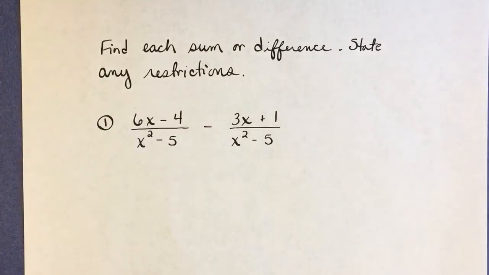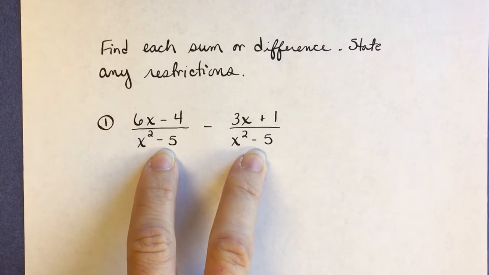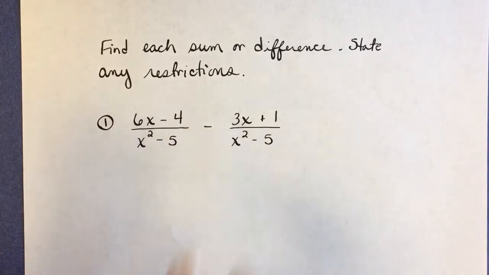All right, so find each sum or difference and then state restrictions. Now, we talked about restrictions with the last section, so that's still going to be the same here. Okay, common denominator. These two denominators are the same, so you already have a common denominator.